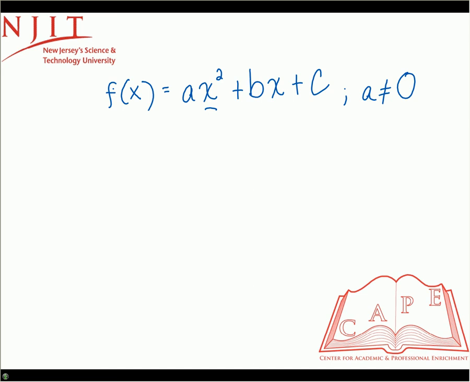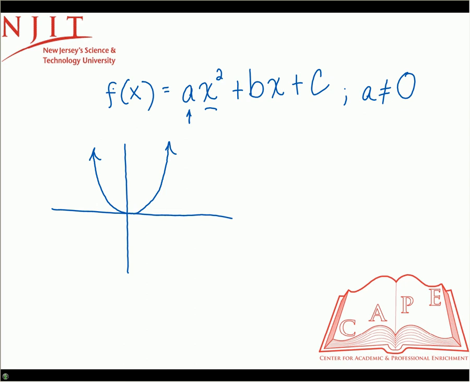Now, it's important to know what they look like on a graph. A quadratic function takes the shape of what's called a parabola. So if we were to draw a graph real quick, a parabola would simply look something like this. And the a term determines whether it faces up or down.